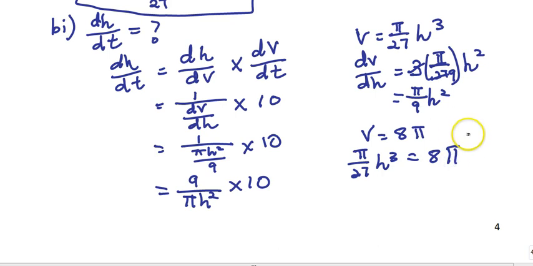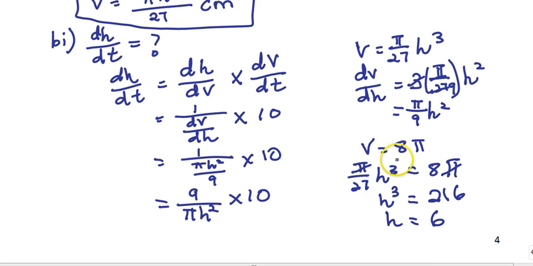Then we can work out what h actually is. Pi and pi can cancel because it's a constant. h cubed will be equals to 27 times 8, which is equals to 216. And if you find h, this will give you 6. So we know that when V is equals to 8 pi, h is equals to 6.